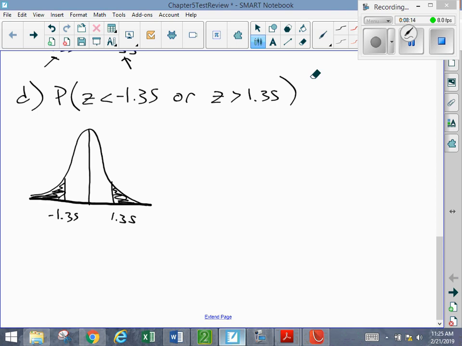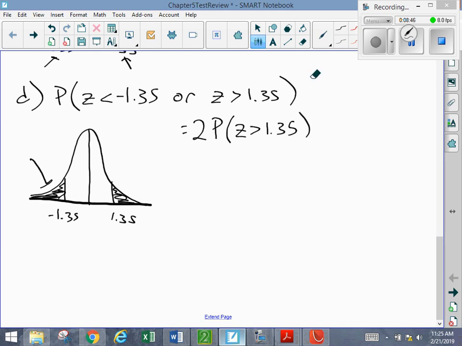Now, when you're doing this one, the easiest way to approach it is to recognize that these two areas are the same. So if I find this area, all I have to do is multiply it by 2. There's 2 of them. They're exactly the same. So this is going to be equal to 2 times the probability that Z is greater than 1.35, because we calculated that already.